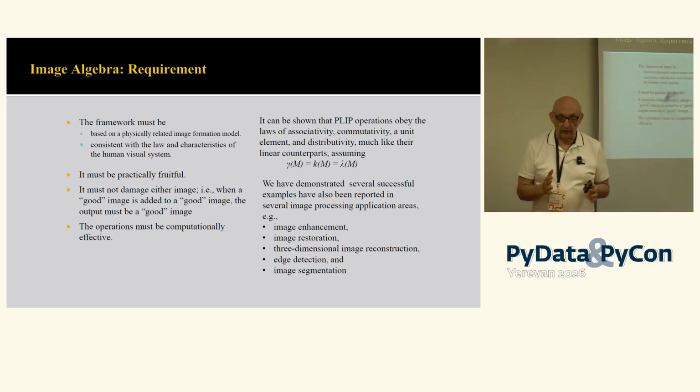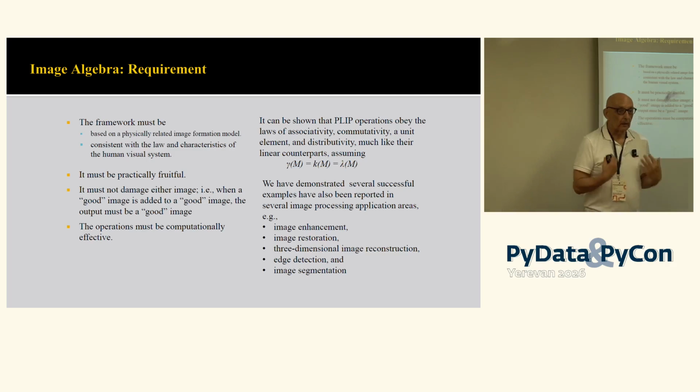Now, when we do this, we put an additional requirement. Let's say this image is good. I'm coming here as a new person, and now you have this image and you are adding my image. The quality is not changing. Yes, the quality is the same. You didn't make this part bright or dark, and that's what we wanted to have.